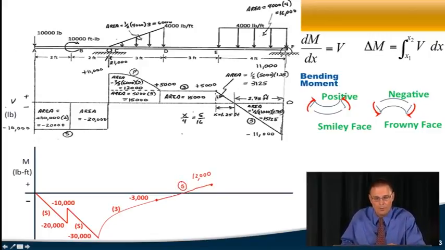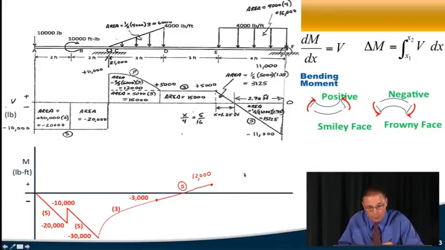Now in going from point E to this point where we have zero shear, the area is a triangular area that's equal to 3,125. It's positive shear, a positive side of the shear diagram. So that means we're going to go up another 3,125, or we'll be up to 15,125.